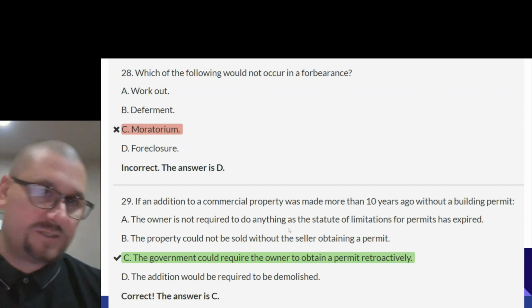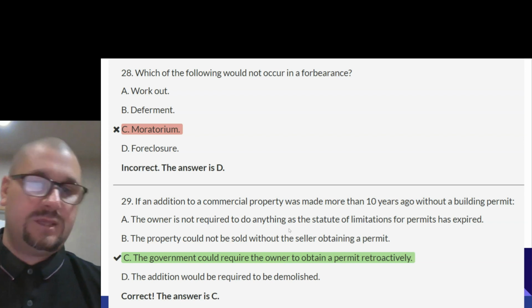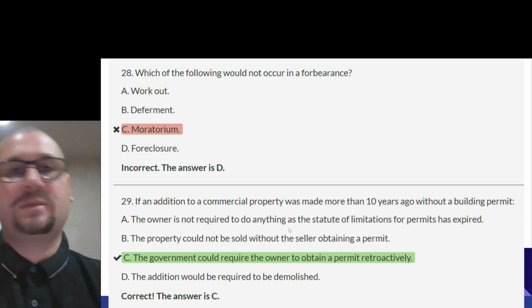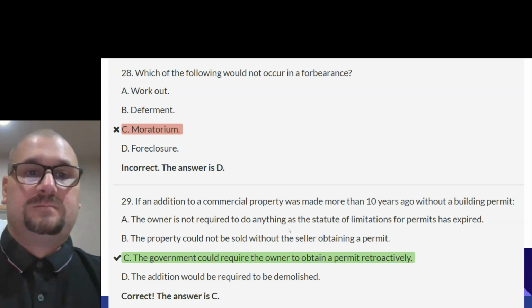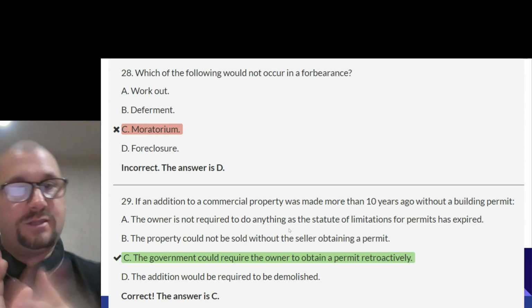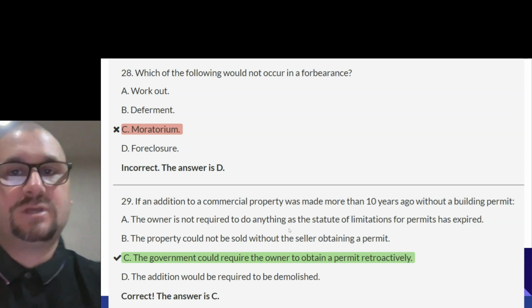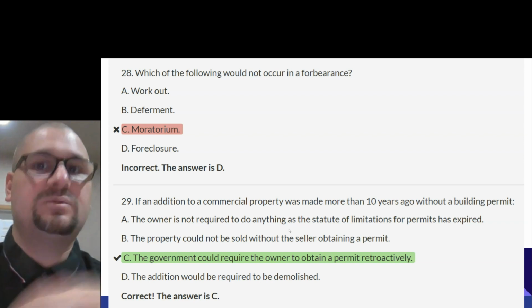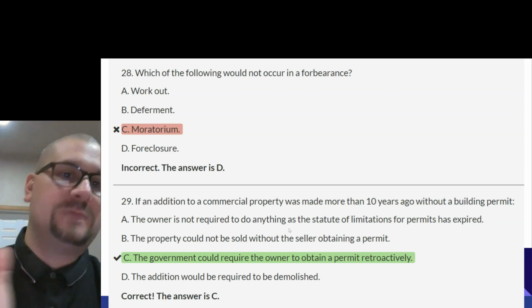So they put you in forbearance. Like me, I have a student loan, for example, and I go into forbearance because I can't pay the loan. They just extend your time. They put your payments on pause until you can get a better job or something like that. But you wouldn't go into foreclosure, because that's what forbearance is. They give you more time to make your payments.